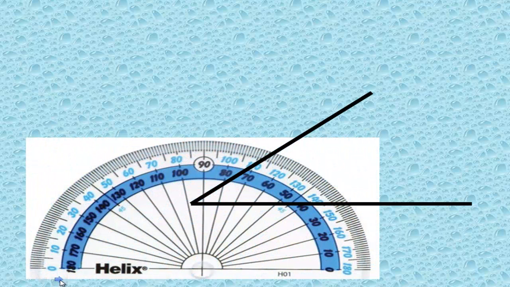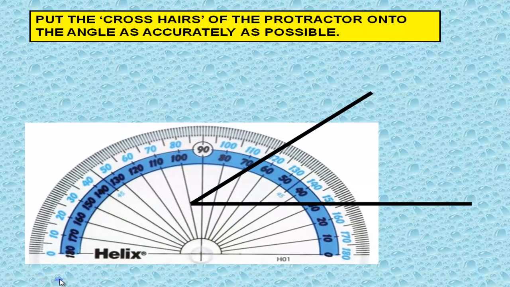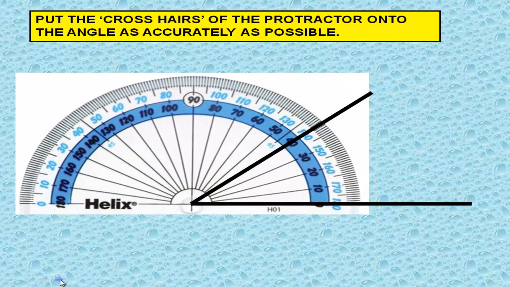Now you take your protractor and line it up at the crosshairs. You put the crosshairs where the vertex is as accurately as possible. There it is. So your baseline is aligned with the baseline of your protractor, the crosshairs are at the vertex, and then you can measure this angle.